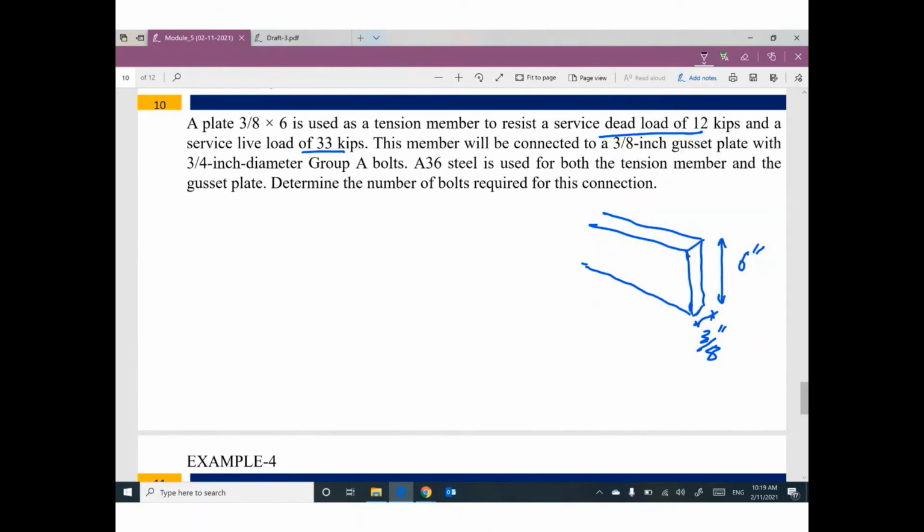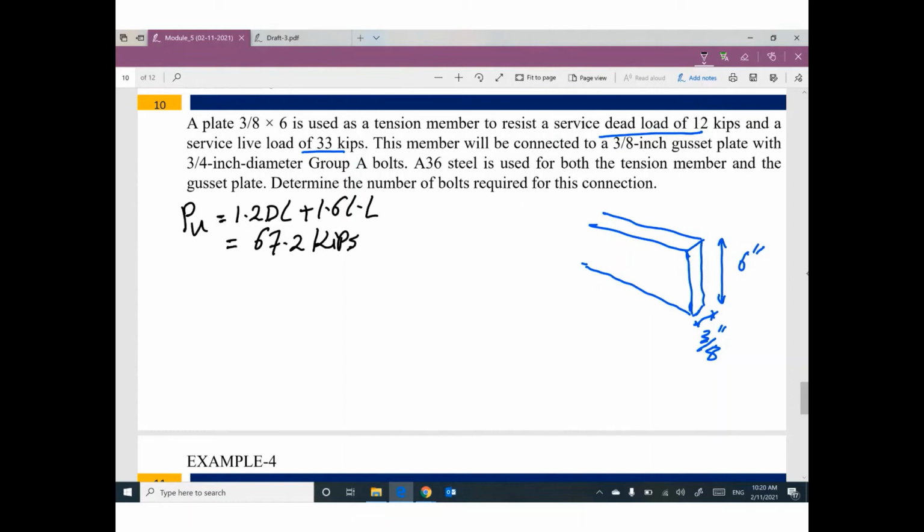I can set up P ultimate as 1.2 dead load plus 1.6 live load. So P ultimate will be 1.2 times 12 plus 1.6 times 33. This value will be 67.2 kips.